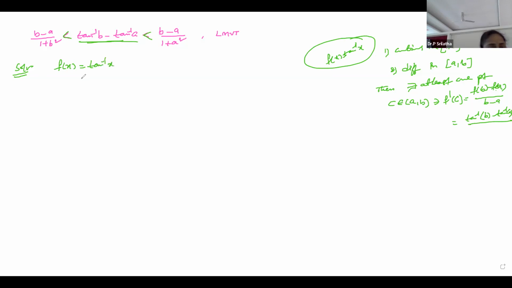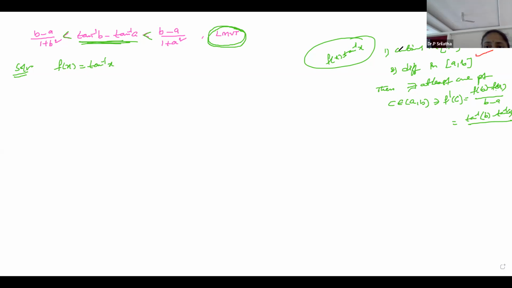So in between we have the function, and according to this, our function is tan inverse x, right? So by using Lagrange's mean value theorem, it satisfies all the conditions of Lagrange's mean value theorem.